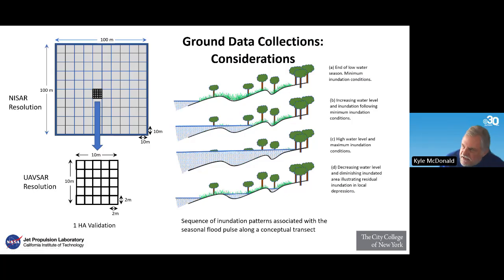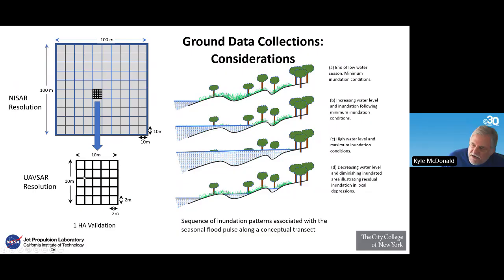We've designed a ground collection scheme that will validate NISAR's ability at the 10-meter to 20-meter resolution scale relative to the flood pulse in the 1 hectare regions that we've segmented the landscape into, looking at the progression as the landscape inundates and as the inundation flood pulse retreats.